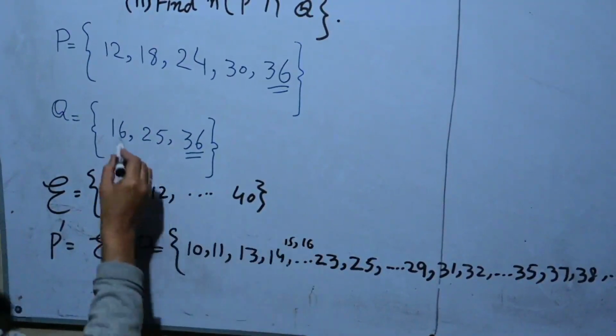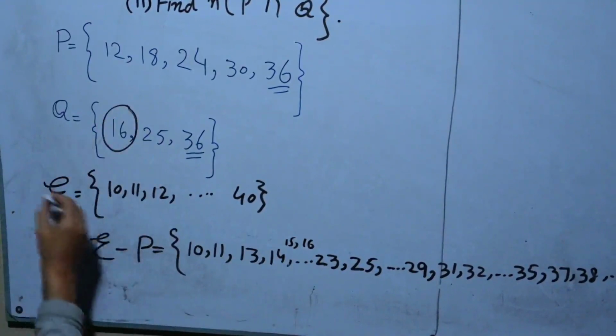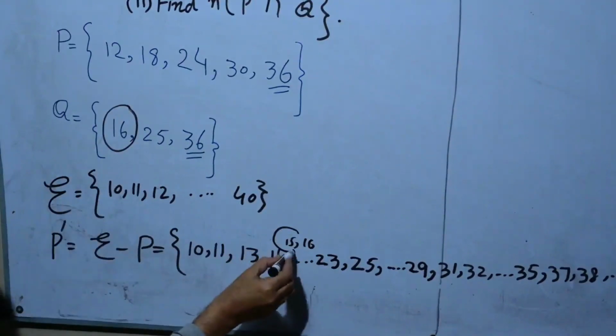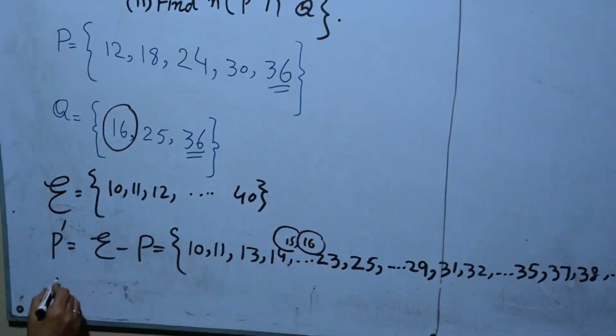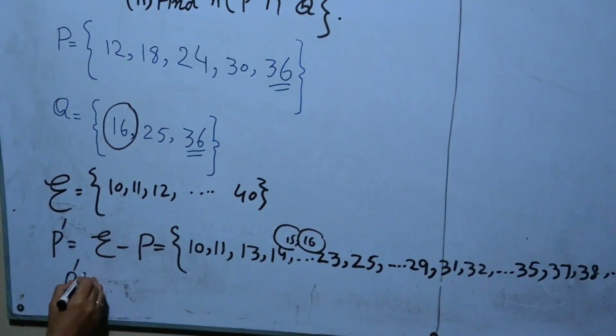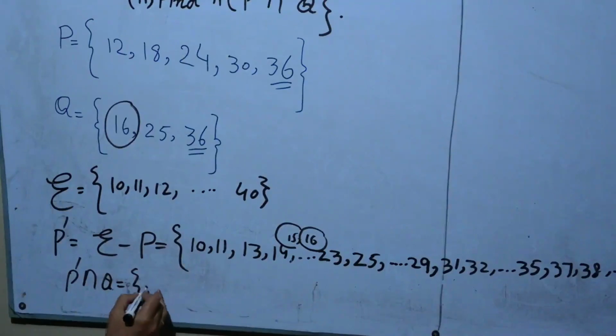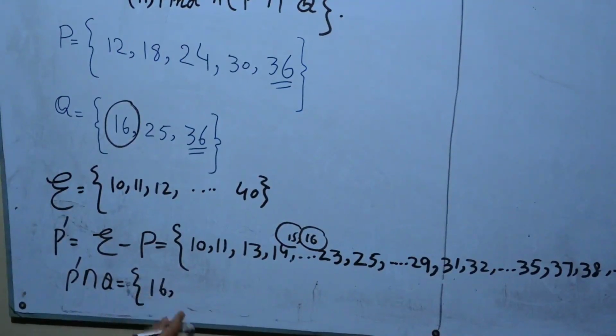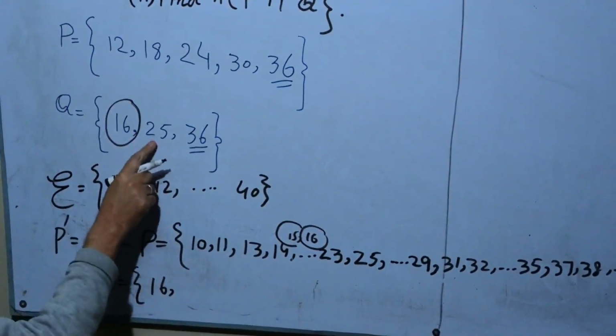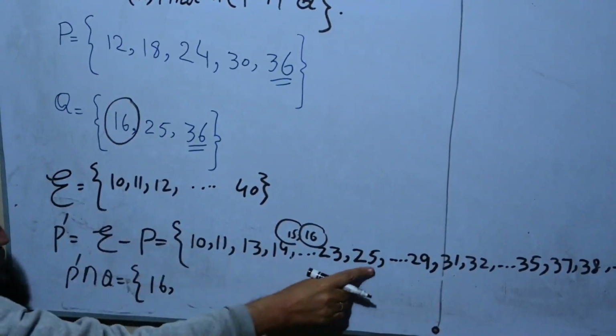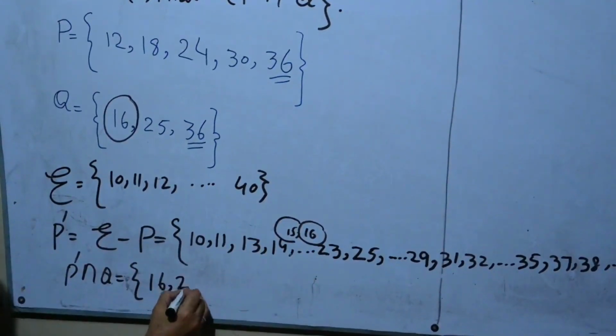So 16 is common in both Q and P complement. Therefore 16 will be here. So in P complement intersection Q, the first element will be 16. Then it is 25. 25 is also in the P complement. So 25 will be here.